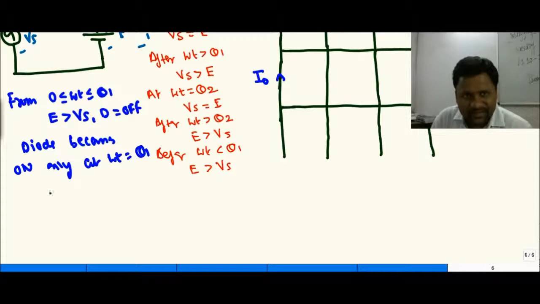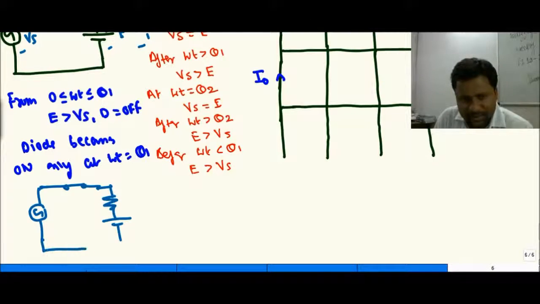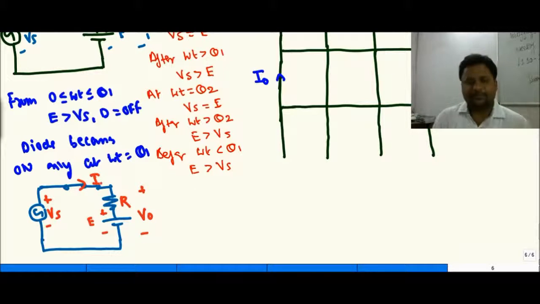So if we draw the circuit, it becomes on. This is the resistance, this is the battery, and this is our supply voltage, plus minus Vs, resistance, plus minus E, with the output voltage and current as shown.